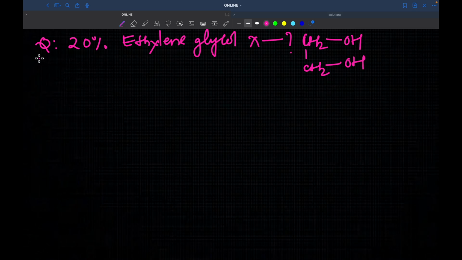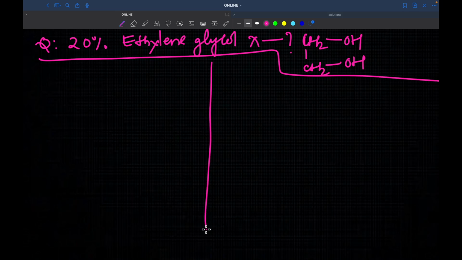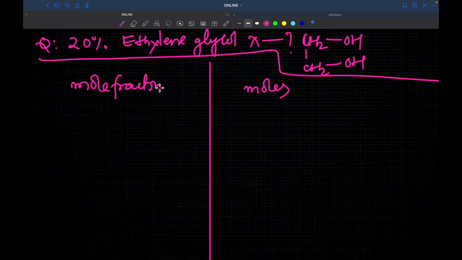Try this, I will give you 2 minutes of time, you can solve it. There are 2 parts: first you have to calculate the moles, then you have to calculate the mole fraction. Moles and mole fraction are two different things.